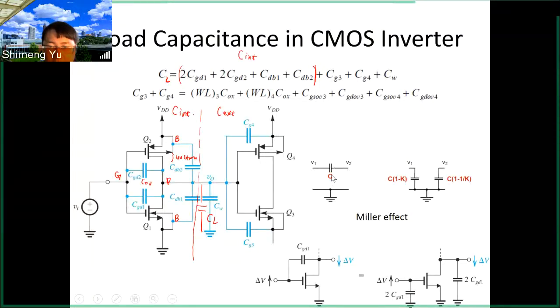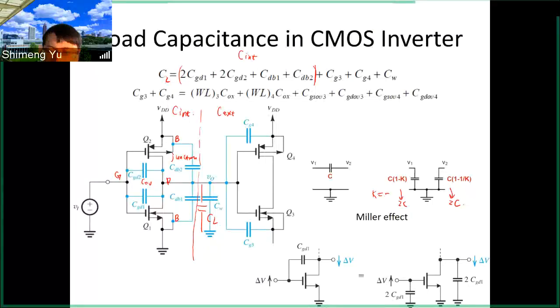If we decouple that into two parts, the input side and output side, then it will follow this Miller effect rule. So this K is like the gain of this input from V1 to V2. And in this inverter case, K is -1. So that means here both input will become 2C and output will become 2C. K is -1. The gain is -1 for the inverter.